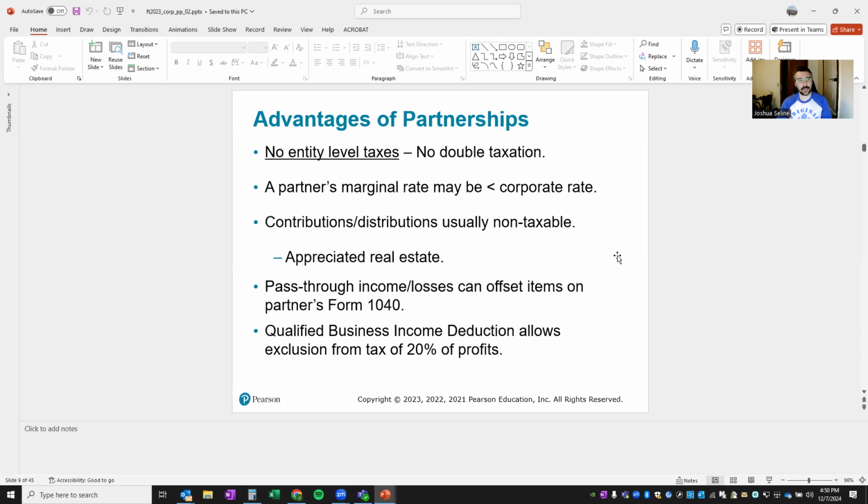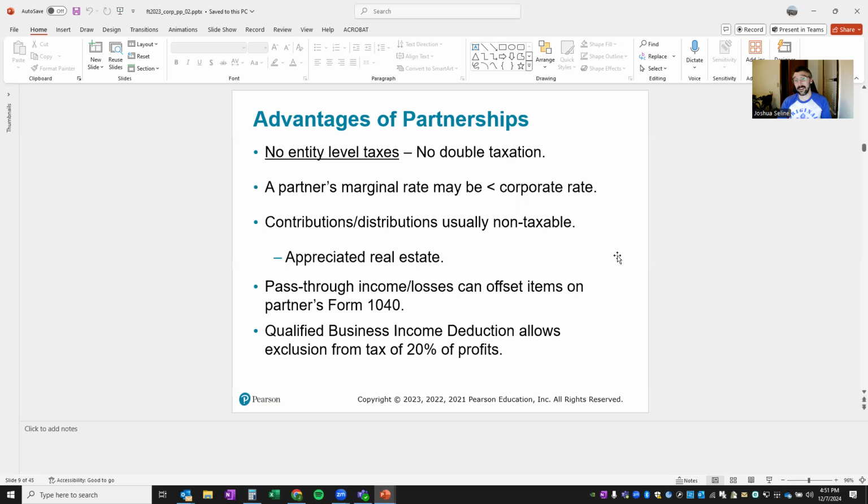Advantages of partnerships, no entity level taxes. They are a tax reporting entity. They're not a tax paying entity. That income or loss flows through to the partners. So there's no double taxation. A partner's marginal rate may be less than the corporate rate. Again, marginal rates are 0, 10, 12, 22.